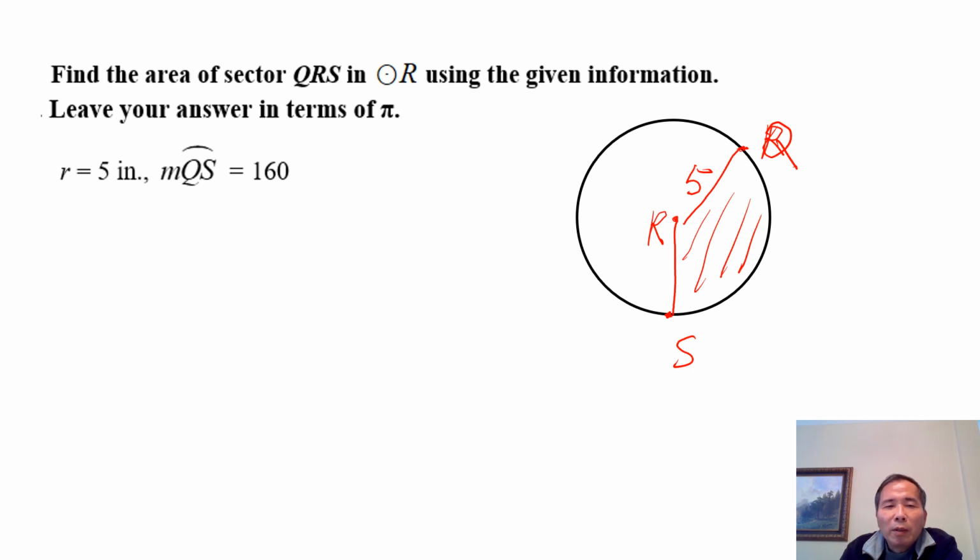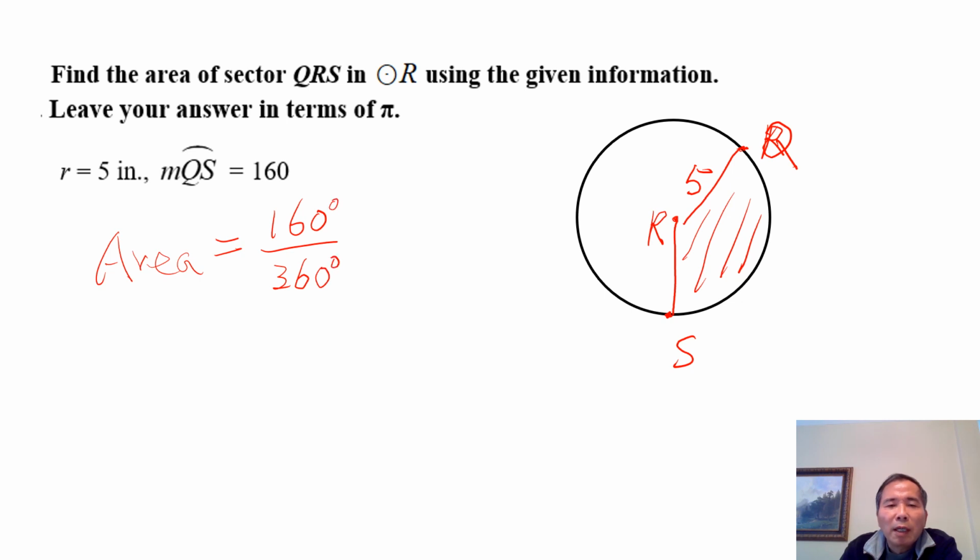When we want to calculate the area of the sector, we know that this is 160 degrees, compared with the whole circle, 360 degrees, that's the full circle.